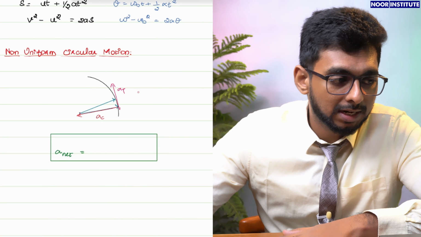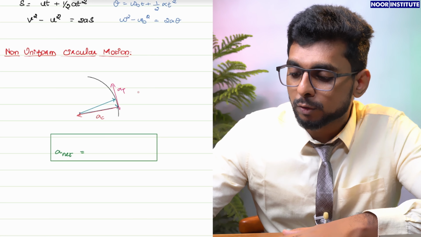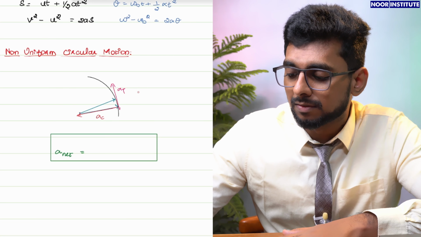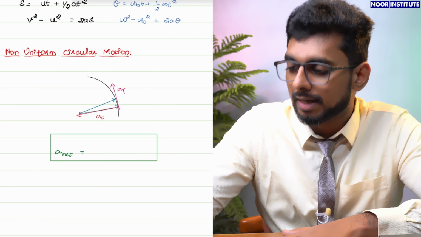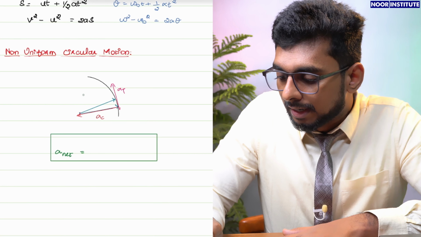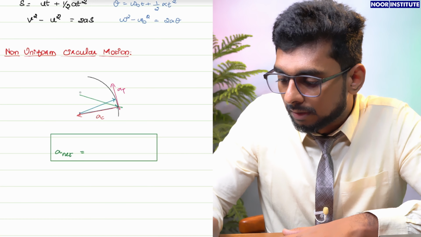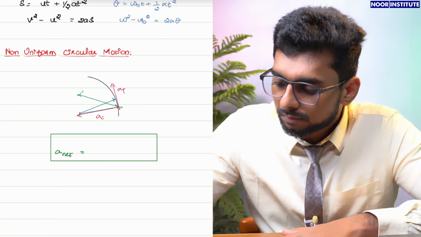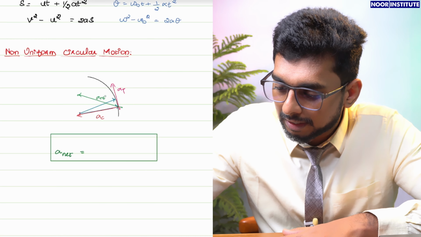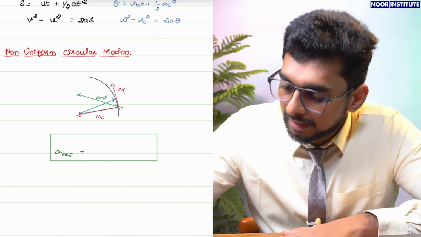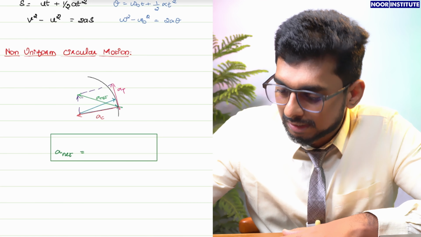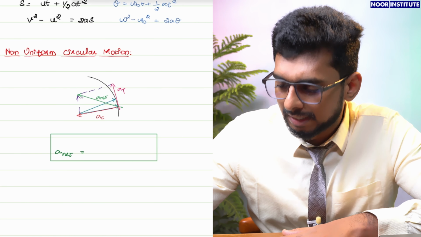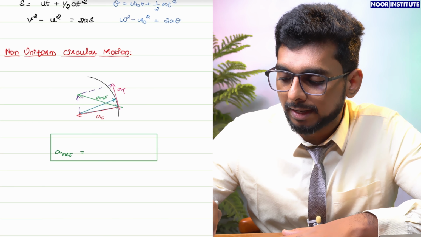So there are these two accelerations. The net acceleration will be the vector addition of the tangential acceleration and the centripetal acceleration, right? Vector addition here is nothing but taking one vector and placing it on the head of the other, and you'll end up getting a net.